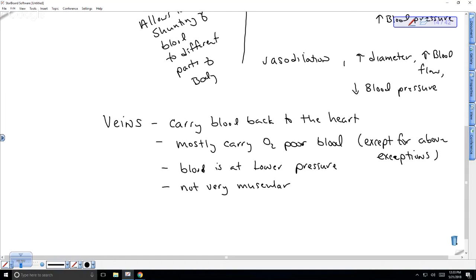So to keep the blood flowing up against gravity, for example, when you're standing, the blood has to come up your legs. The veins have valves. And this prevents backflow of blood.